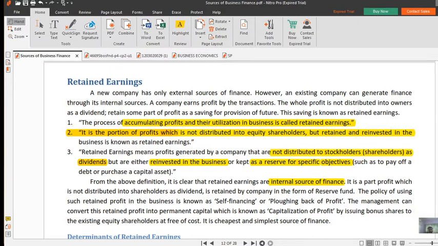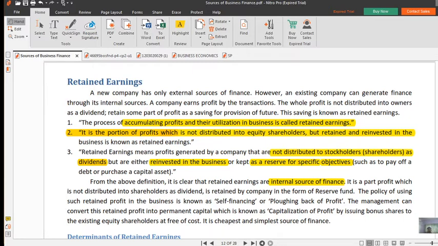Retained earnings is one of the internal sources of finance. A company every year earns profit by its transactions. The whole profit is not distributed to the owners as a dividend.